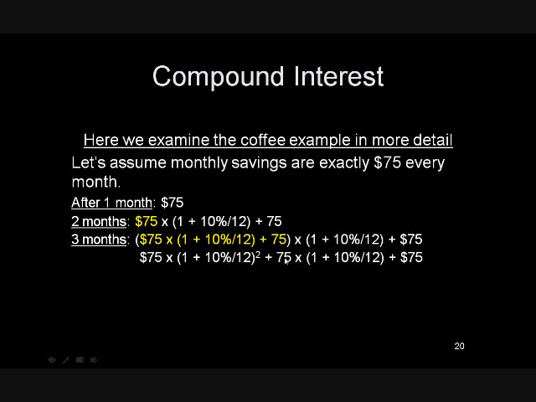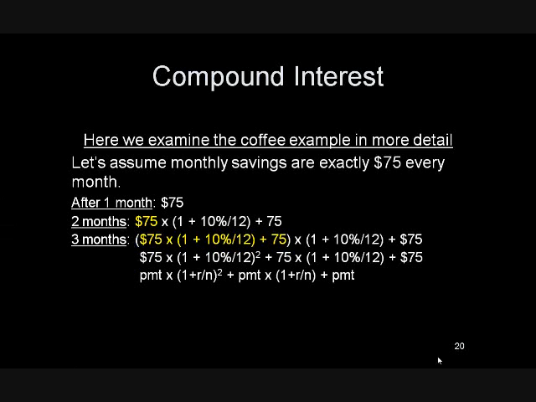And then we also get 75 times that quantity, so that's this times this. And then we have this $75 of savings at the end, as we did before. So all we did from this line to the next line is multiply through by this quantity.